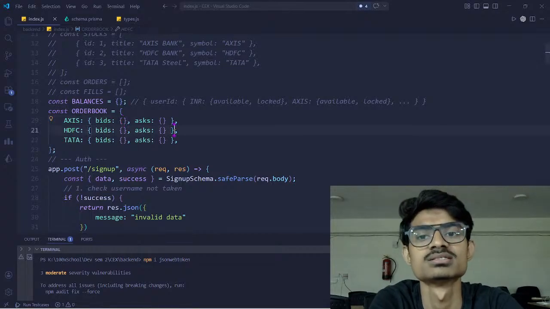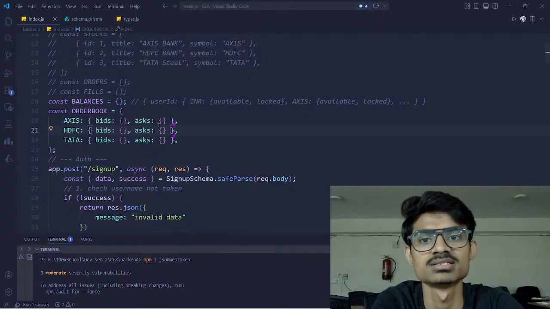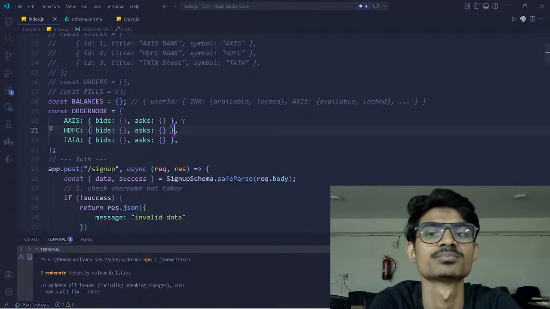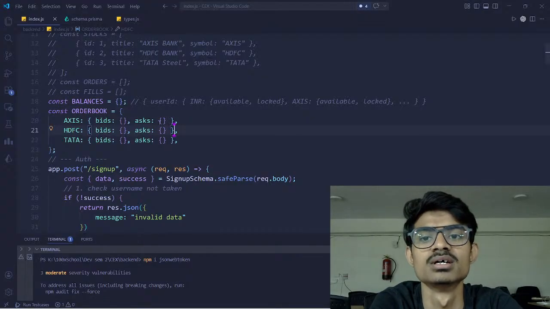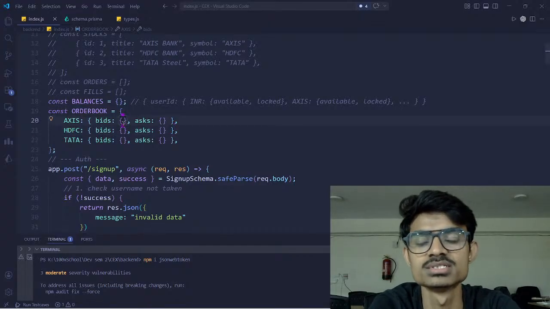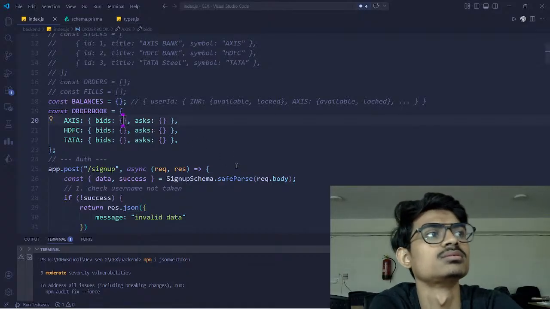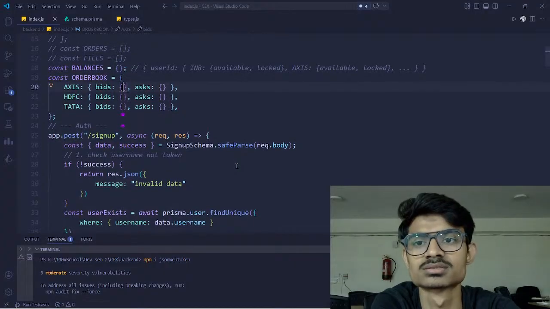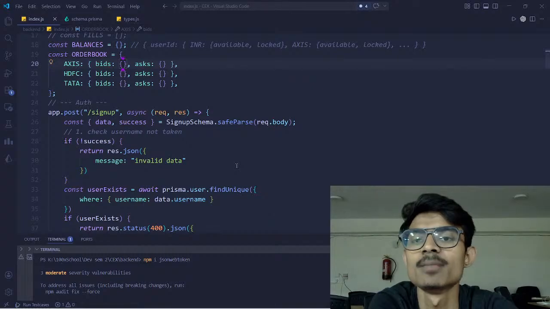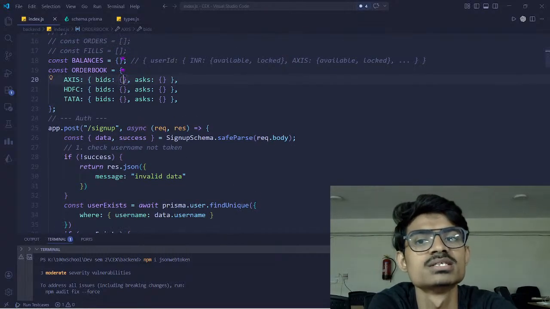Take for example, someone is selling stock at 100 rupees, someone at 150 rupees, someone at 200 rupees. And then I put a limit, I'm willing to buy at 80 rupees. What would happen? I would be placed here in the order book.